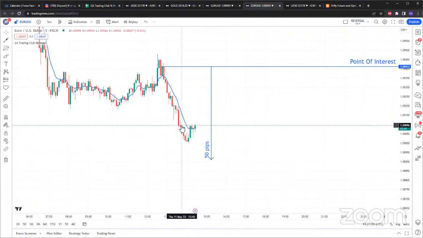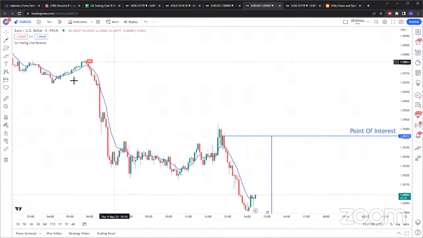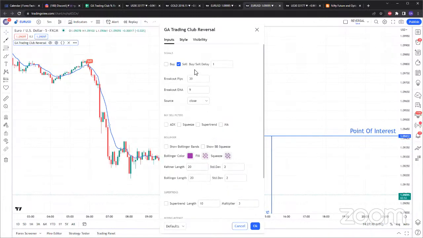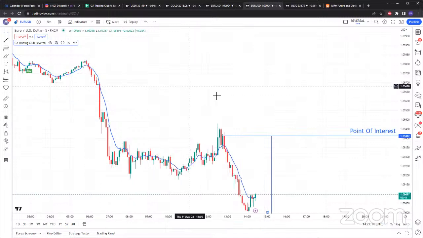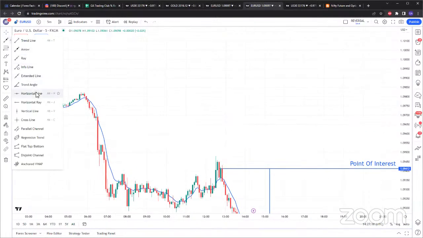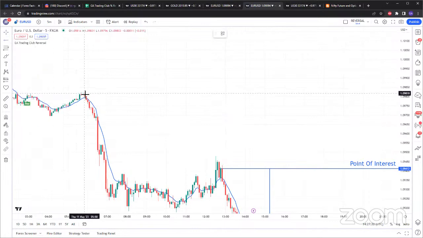So for this one, it was the move before that you posted in the chat. Oh, I'm sorry. Okay, this one. Yeah, so those two candles after the sell signal. Okay, so for this one, for the buy coming in here, point of interest is here. A round number, I'll call it 800.